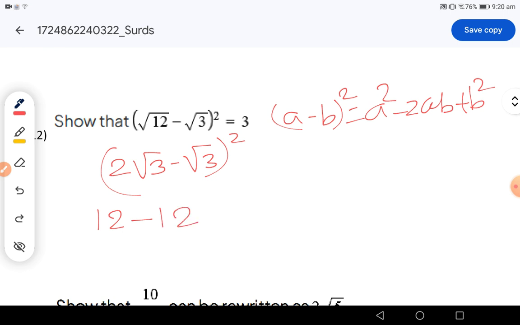And plus b square, plus b means 3 root 3 square, that means plus 3. So 12 cancels, so the answer is 3. Proved.